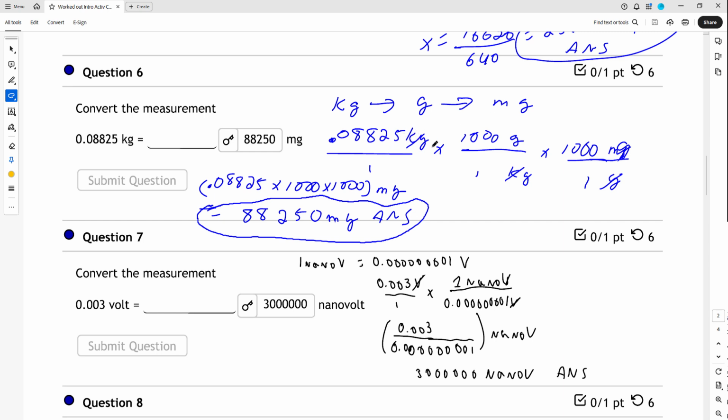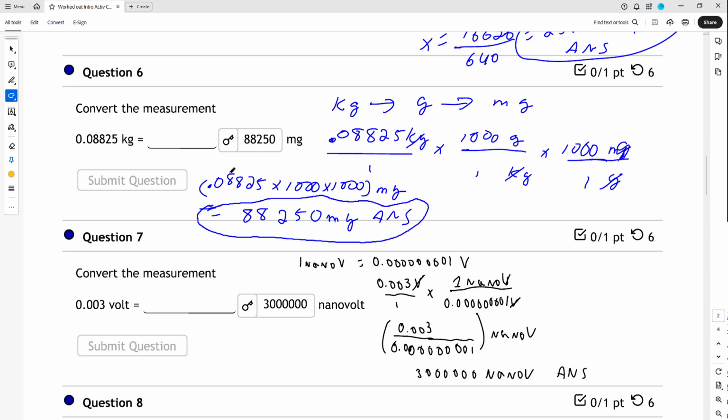So I want kilograms to cancel out. And then kilograms cancels out, I'm left with just grams. But I want grams to cancel out, so I put it in the bottom here. So grams cancel out, I'm left with milligrams. So when I multiply, my only unit is milligrams.